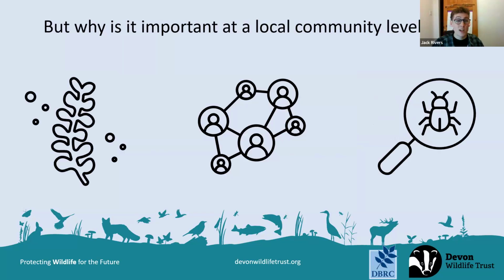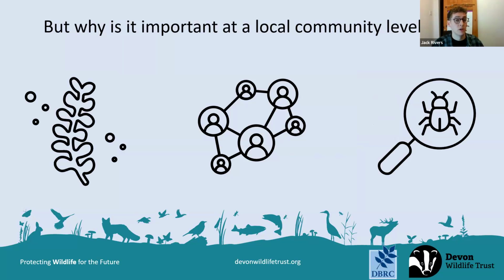So why is it important at a community level to record and monitor wildlife? Well, pretty much for exactly the same reason as the previous slide. Your local environments are part of the wider natural world, and therefore by recording and supporting local wildlife, you'll inadvertently be supporting the wider ecosystem, and it helps to paint a much more detailed picture.